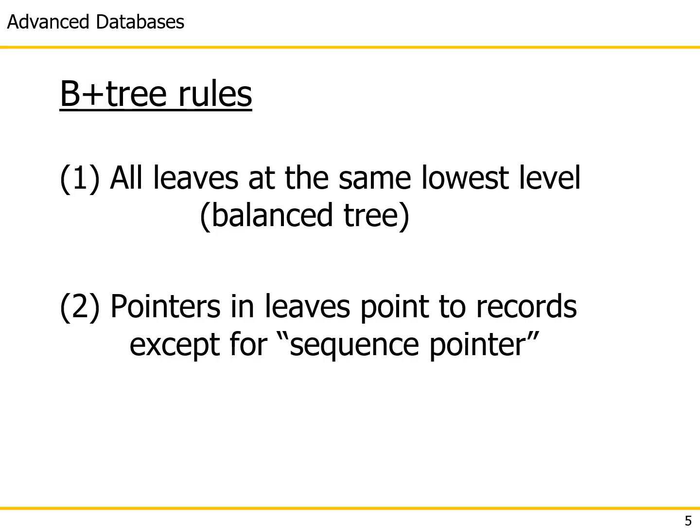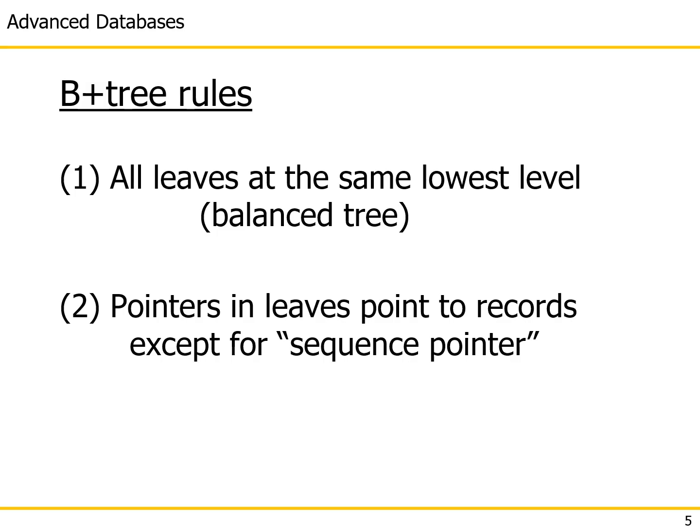Since they are always self-balancing, then they are always balanced. And what that means is that all leaves will be at the same lowest level. The second rule is that pointers in the leaves will point to actually the table, or the rows in the table that we are building an index for.